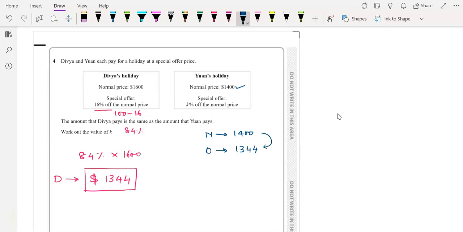Now, to find the discount percent, the formula is you find the difference, that is the discount, divide by the original, times 100. So here the difference between 1400 and 1344, 1400 minus 1344 gives you the discount amount, divide by the original, which is 1400, times 100 will give you the percentage.